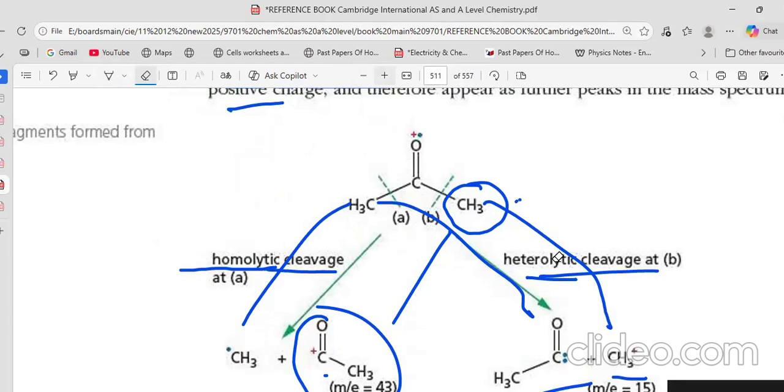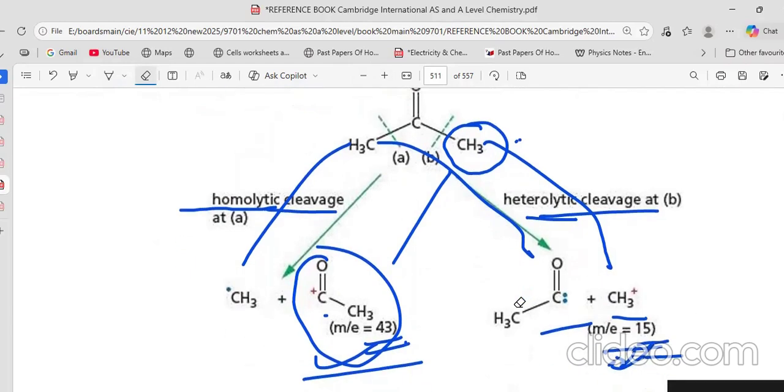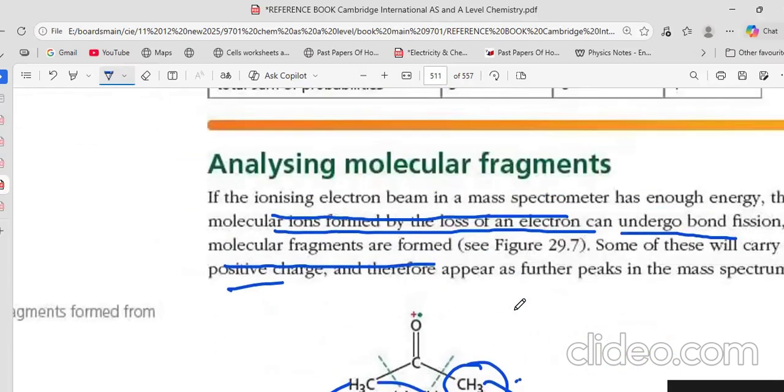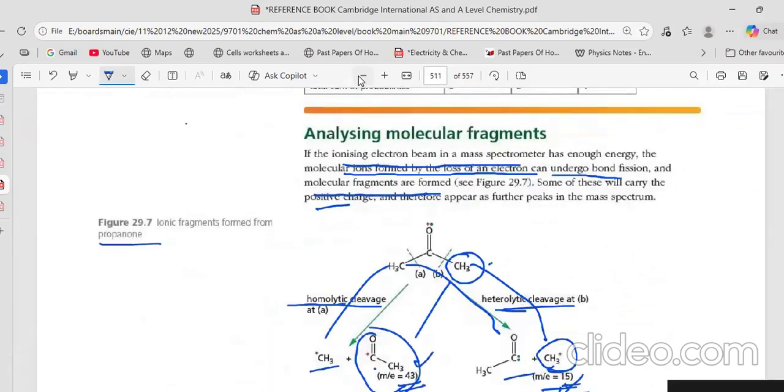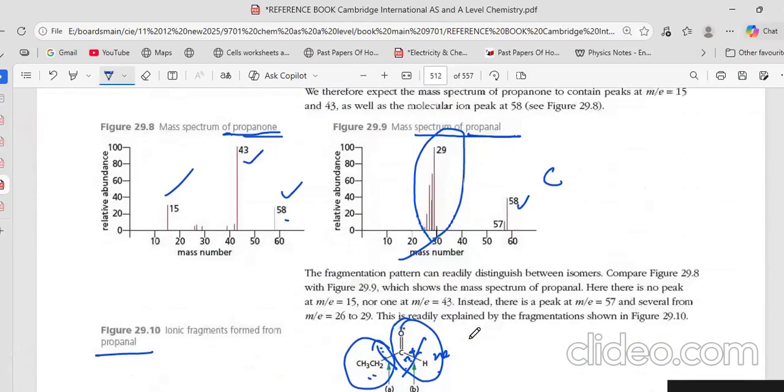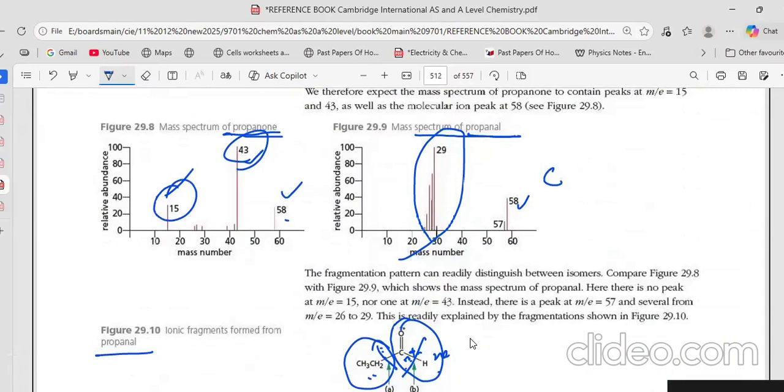It will cleave, and once it cleaves, the positive charge will convert to one ion and one free radical. The free radical won't be reported, and the ion will be reported. So this is going to be reported. We'll have a peak here and a peak here. In propanol there will be two peaks, that's why we have two peaks here, 43 and 15.